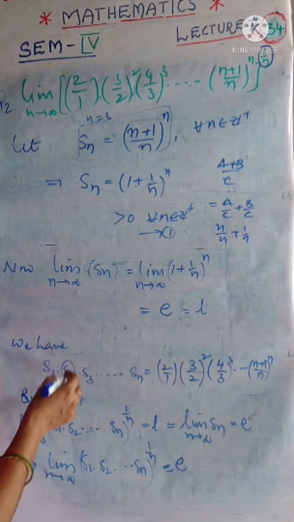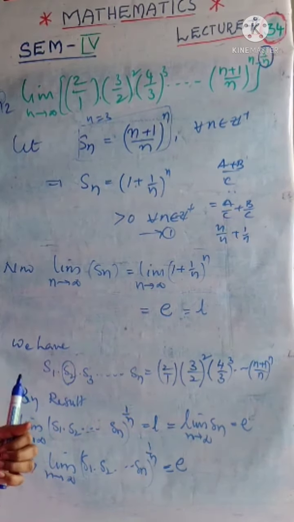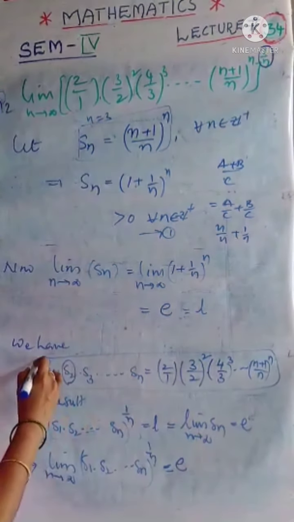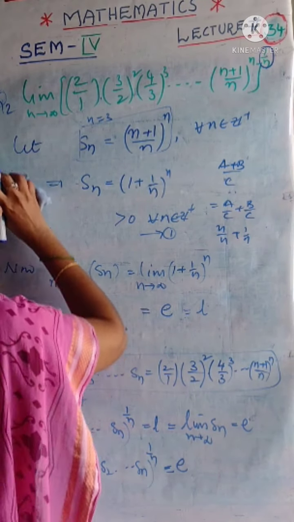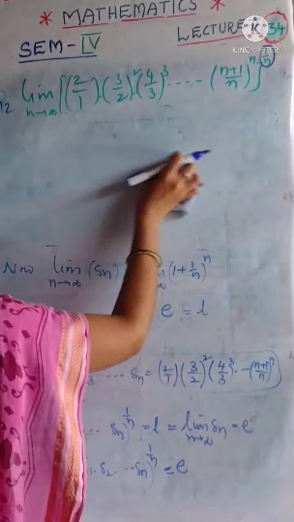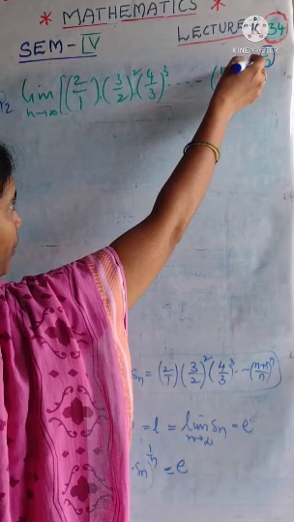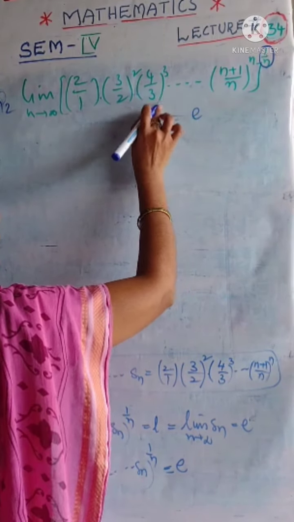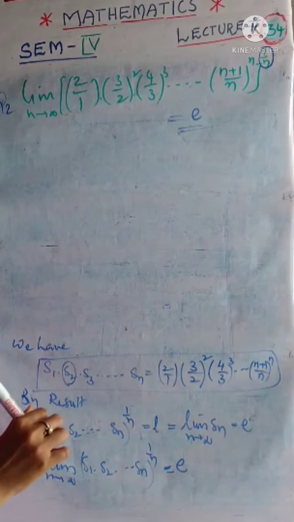By replacing these values, we get the product as 2 by 1 into (3 by 2) square into (4 by 3) cube and so on up to (n plus 1 by n) whole power n, all to the power of 1 by n, and its limit as n tends to infinity is e. This is the limit value.